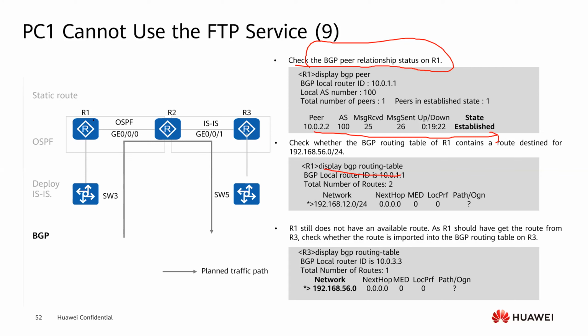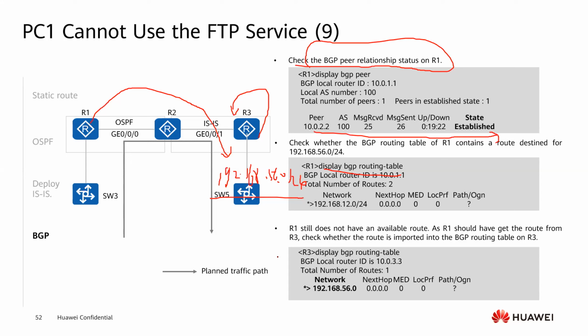We found that R1 still has no route to this 10 network segment. We still can't find this network segment in the routing table here, because this route is sent or generated by R3.